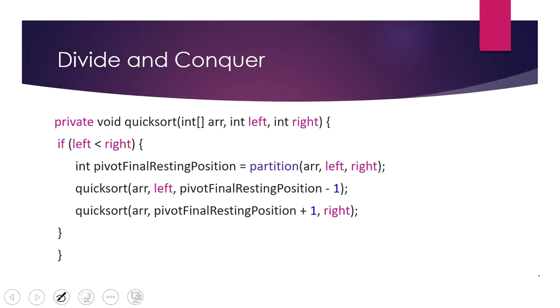Our code for divide and conquer looks something like this. Every time we use our partition algorithm, which we saw previously, to find the position of the pivot element. Based on the position of the pivot element, the quicksort algorithm takes left to pivot position minus 1 as one array, and pivot position plus 1 to right as another array, sorts them separately and finally arrives at a result.